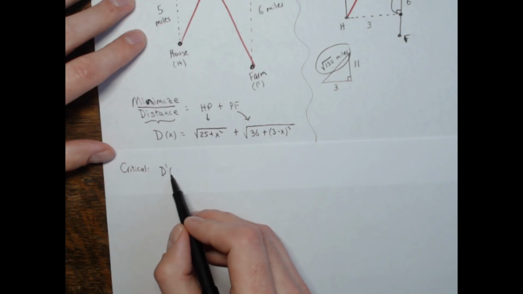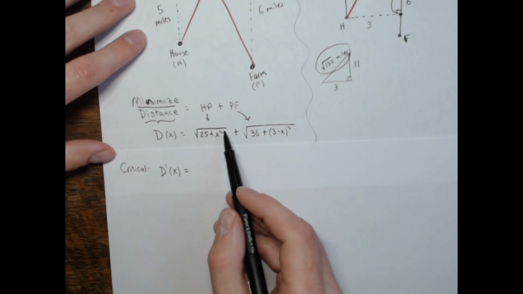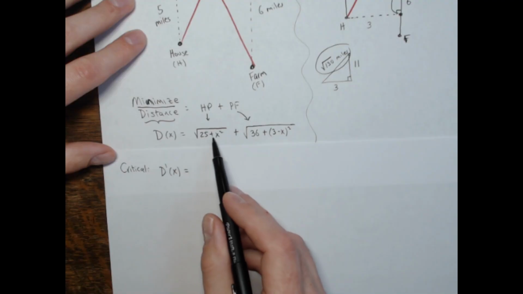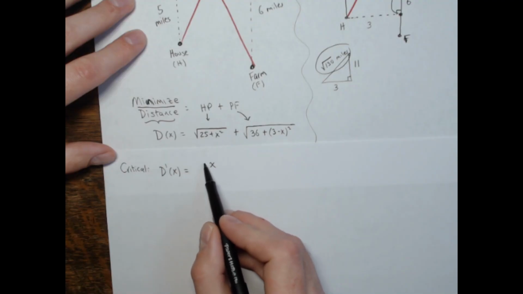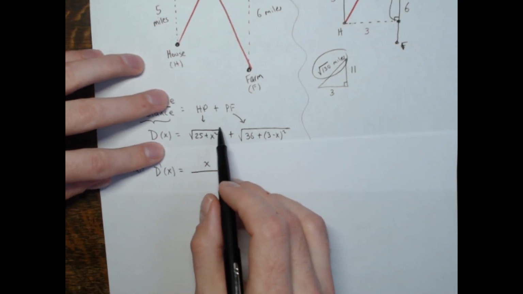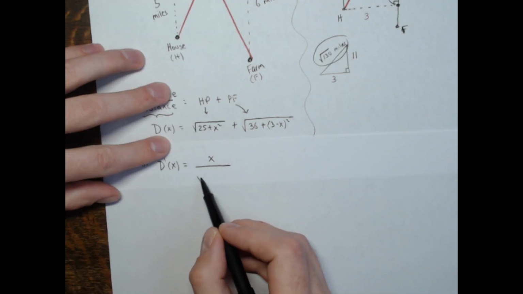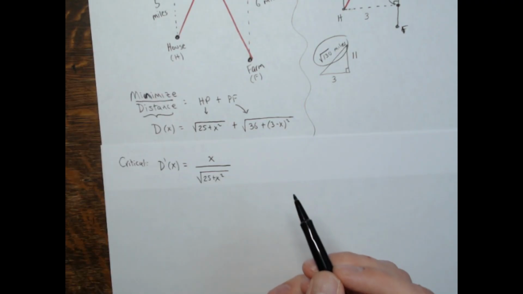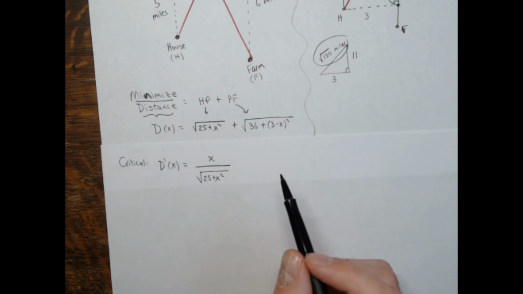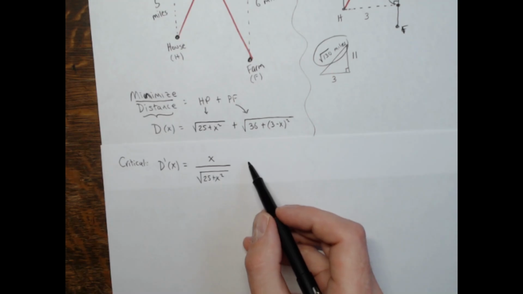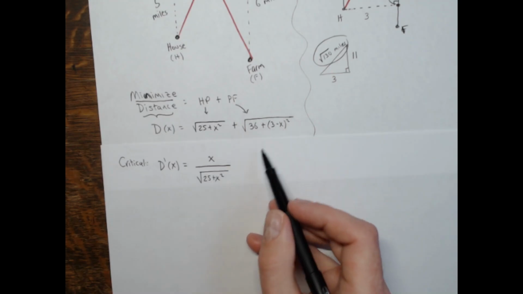So again, d prime. So remember, this would be half this to the negative half, then times the derivative of the thing inside. That'd be 2x in the numerator, but because I had the half earlier, that's making that x. Again, I'm kind of rushing this, I'm sorry, but this would be half of this to the negative half. So give me this square root of 25 plus x squared down here. And then this, pretty similar, where it'd be half of this to the negative half, right?